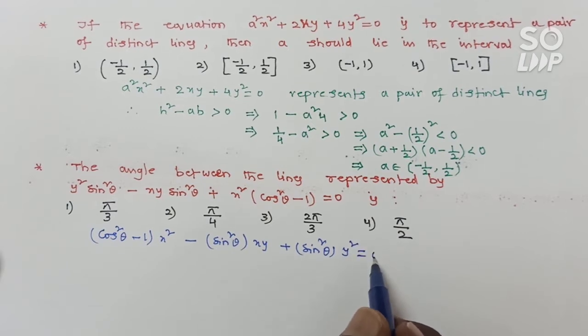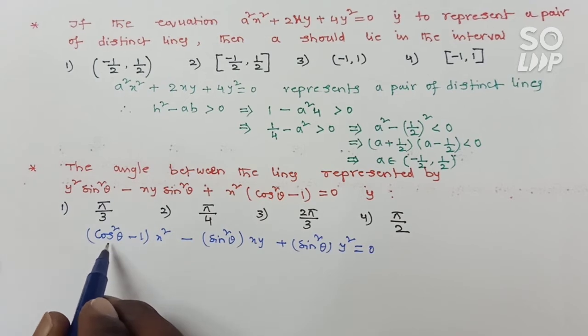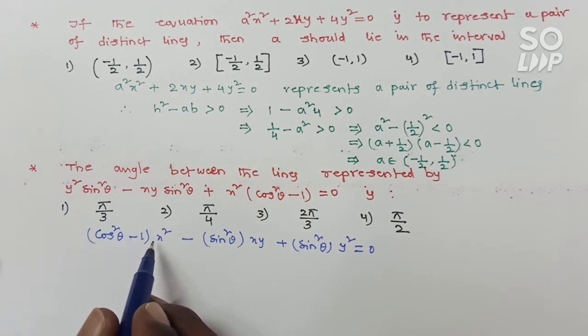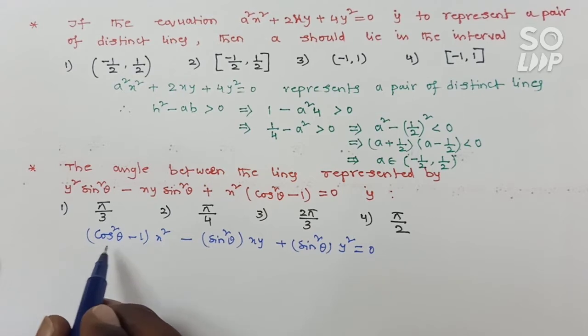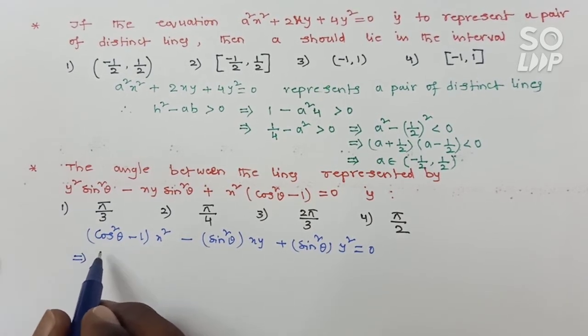This one is in the form of ax square plus 2hxy plus by square. In the first term, coefficient of x square, you take minus common, then it becomes 1 minus cos square theta. 1 minus cos square theta is sin square theta.